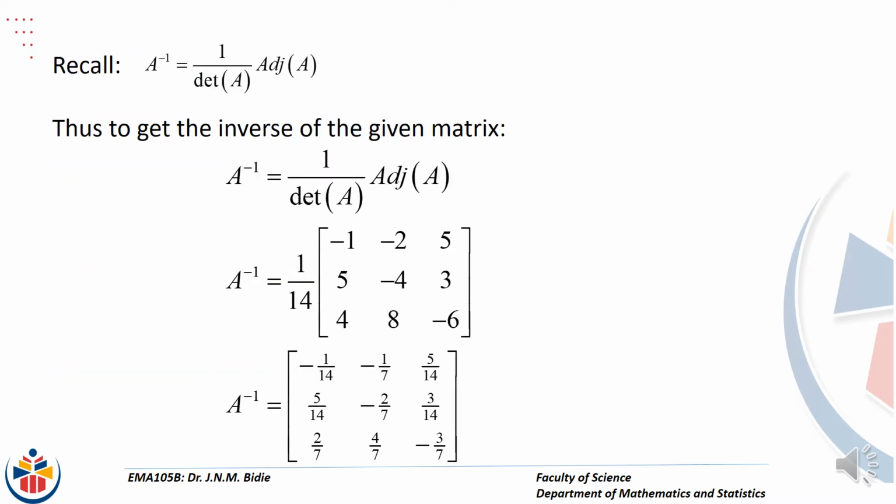And then also we ought to recall the formula for the inverse of a matrix, which is 1 over the determinant of A multiplied by the adjoint.